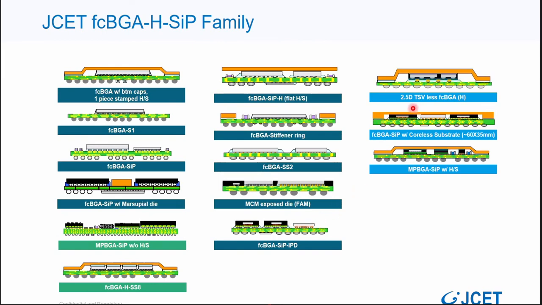We are working on 2.5D TSV-less FCBGA with 2 die, 3 die, or even 5 die. We are also working on different numbers of packages together, with this 4-die lid. Then there are other types, multi-packaging module FCBGA with HC.